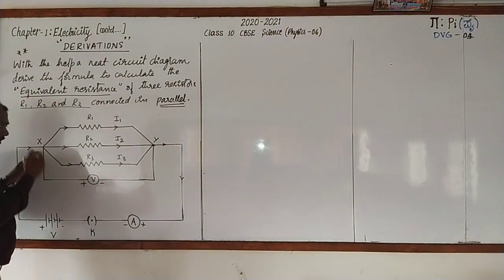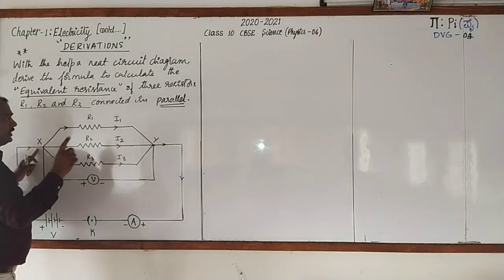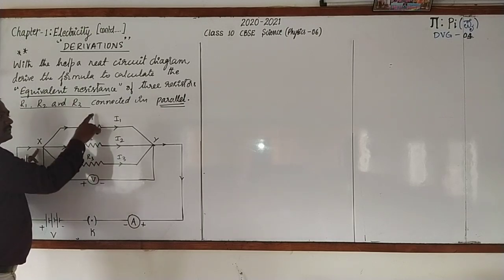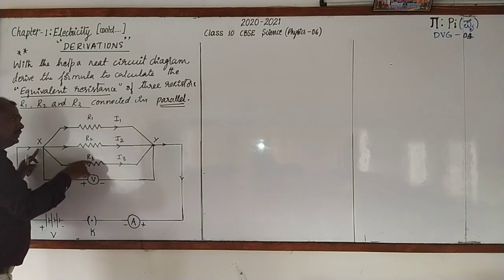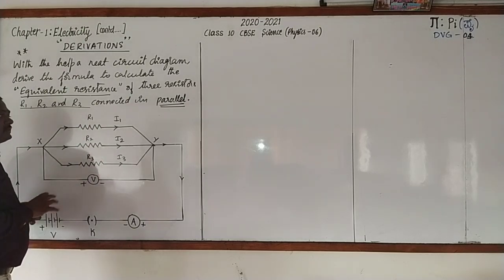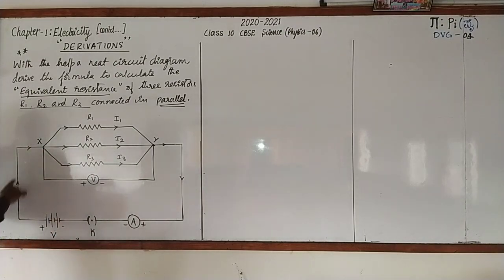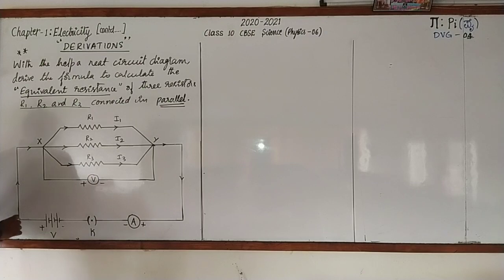In this circuit, you can notice that X and Y are the 2 points. Between these 2 points only, we have connected these 3 resistors R1, R2 and R3. Hence, we can call them connected in series. Sorry, parallel. Clear?